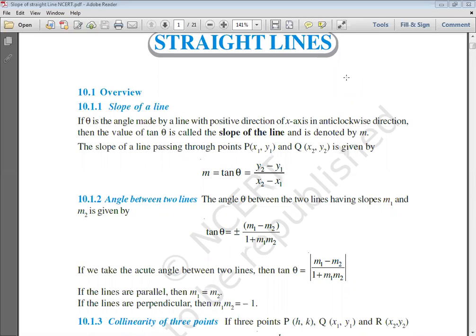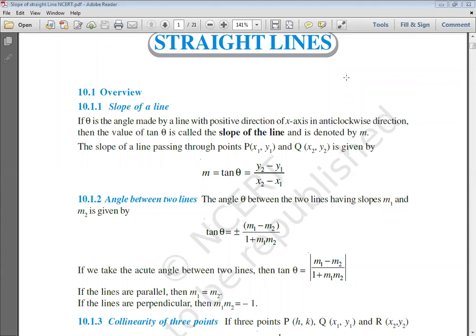That means if 30 degrees is the inclination of the line, then the slope will be tan 30 degrees. You know the value from the standard trigonometric table: tan 30 degrees is 1 by root 3. So 1 by root 3 is the slope of the line.